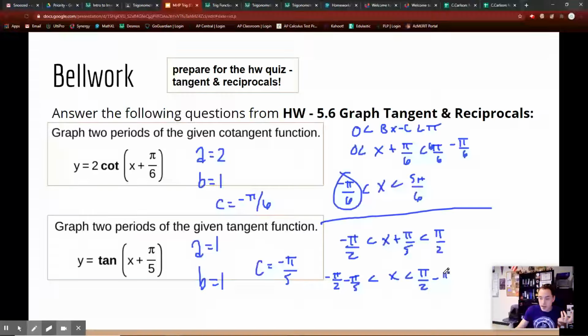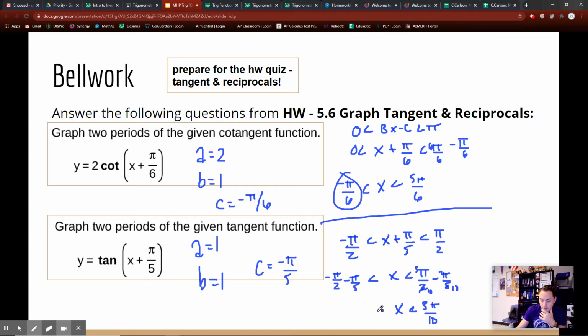Pi/2 minus pi/5. So, whoa, okay, so this is times 5 is 10, times 5 is 5, times 2 is 10, times 2. So this is 3 pi/10. Nasty looking asymptote.